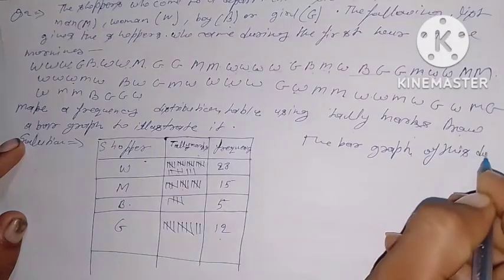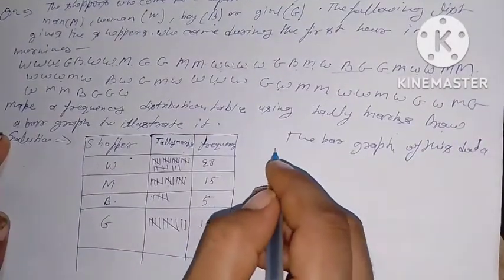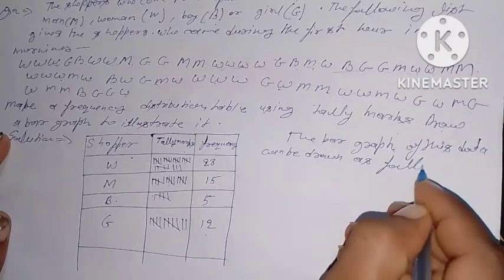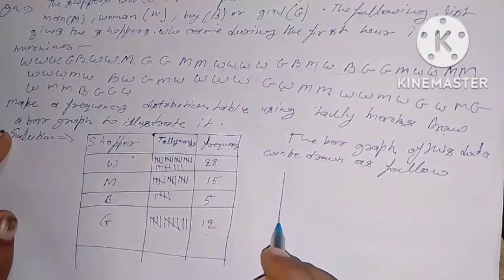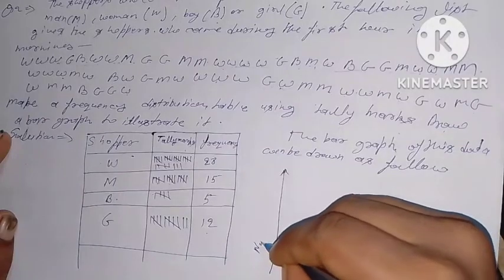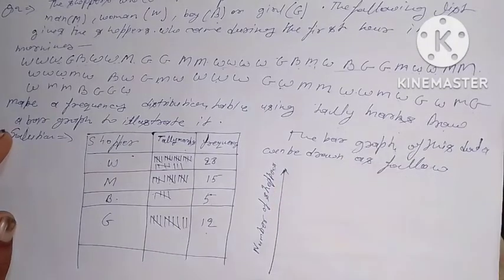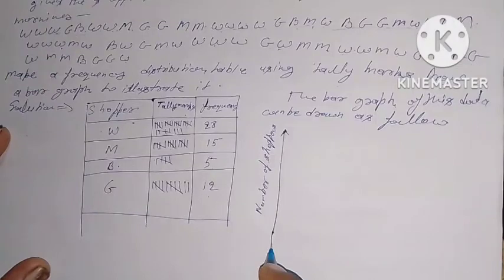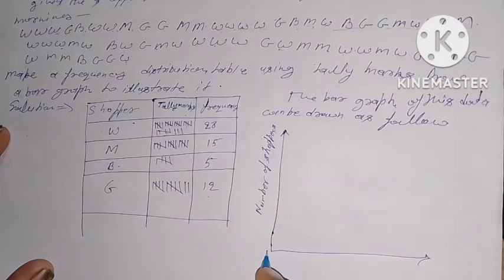The bar graph of this data can be drawn as follows. The vertical line shows the number of shoppers, and this line shows the shoppers' names.